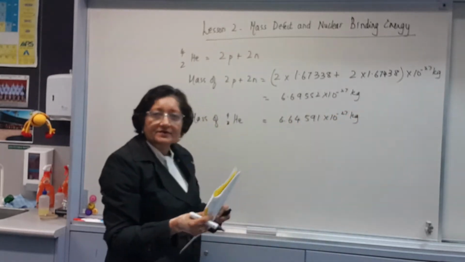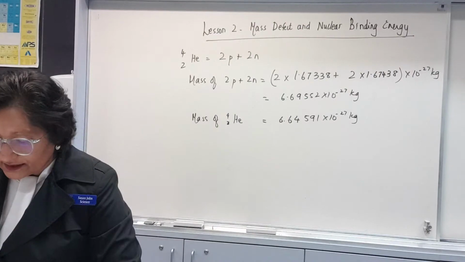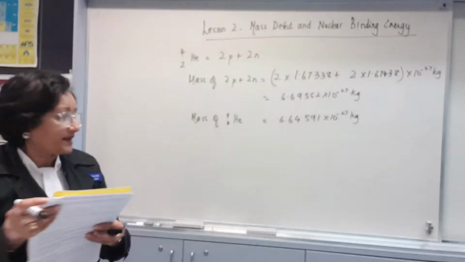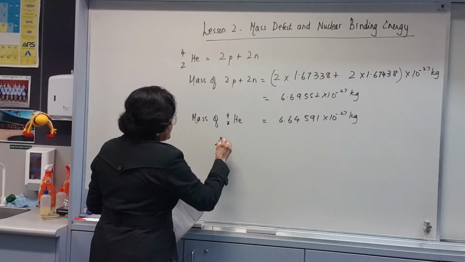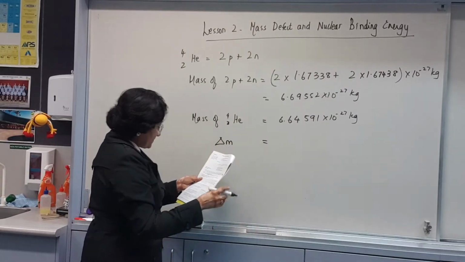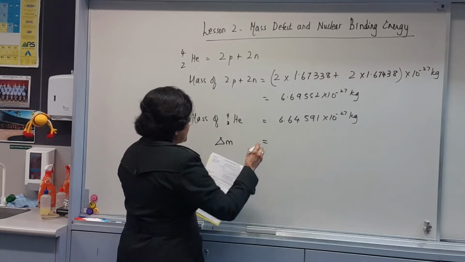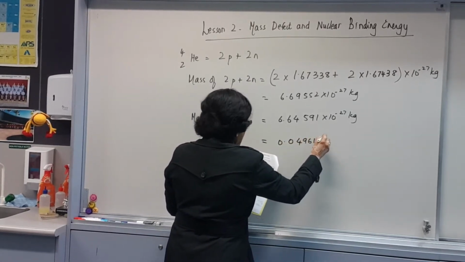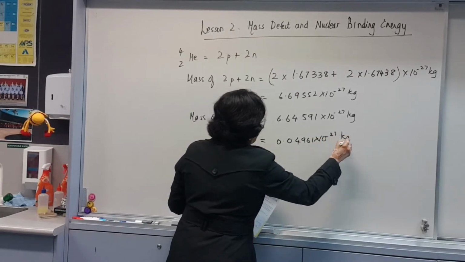Can you see these two numbers are a bit different? So when you subtract the two, what you get is called mass defect. The symbol is delta m, and the difference between the two is 0.04961 times 10 to the power of negative 27 kilograms.